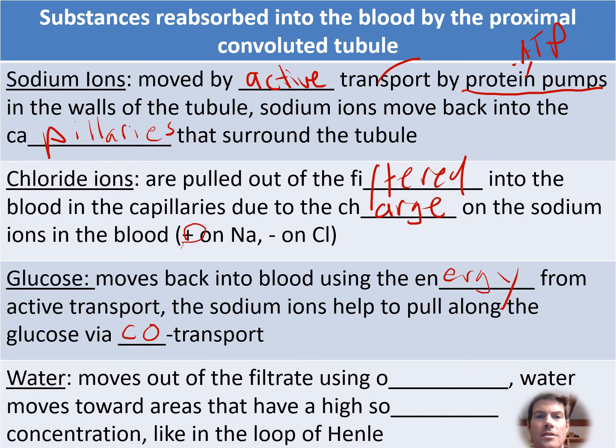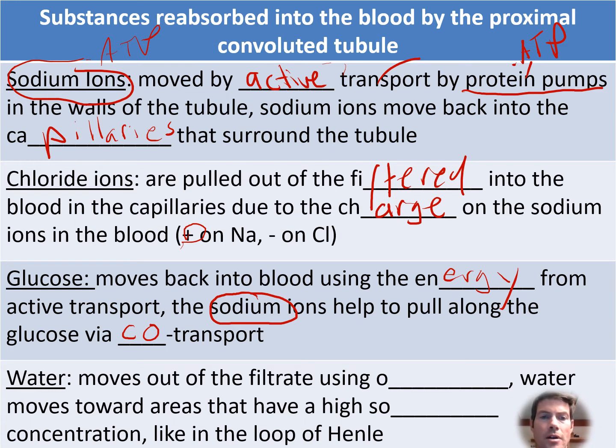Okay, so as the sodium is being pulled out, it's also pulling glucose with it. So you spend some energy on the sodium, using that ATP, you get a bonus. You get to pull out the chloride with it and the glucose gets to move along. Chloride with the charge, glucose with the co-transport. Kind of fits in together.